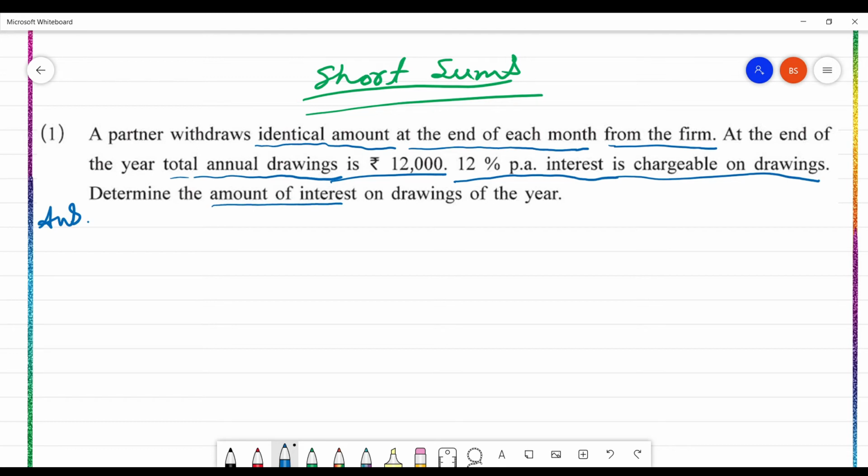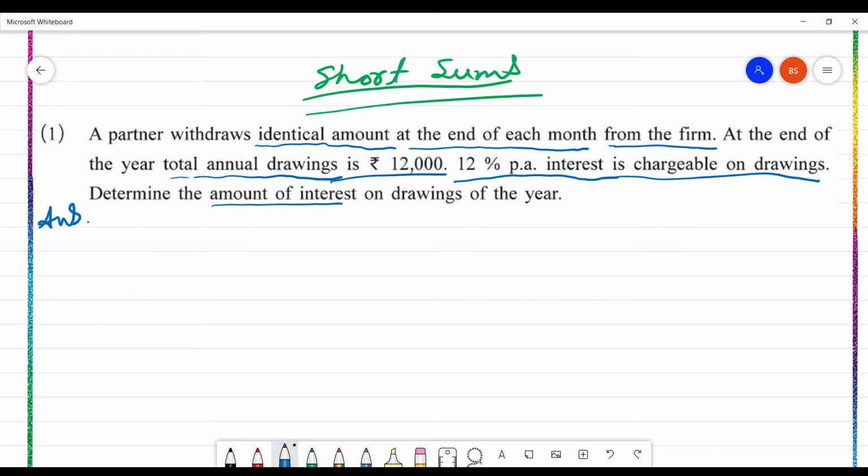Students, remember that if any partner has withdrawn an identical amount on the first date of each month, then capital N equals 78 upon 12 will be taken. Second note, if any partner has withdrawn an identical amount on the 15th date of each month, capital N will be taken as 72 upon 12.